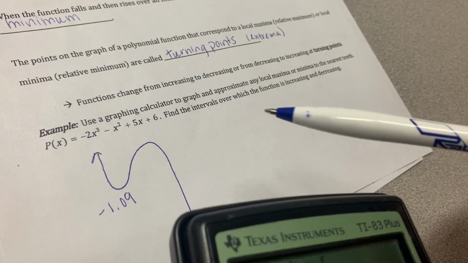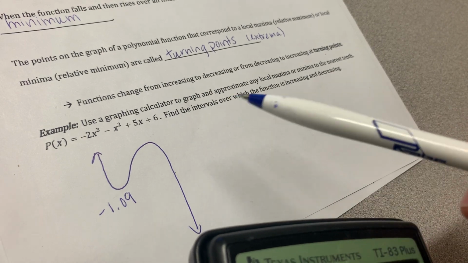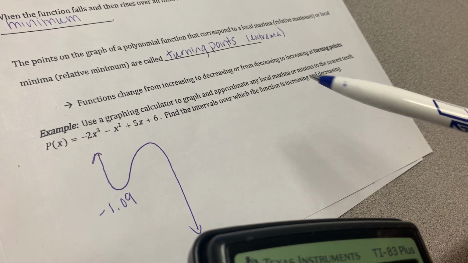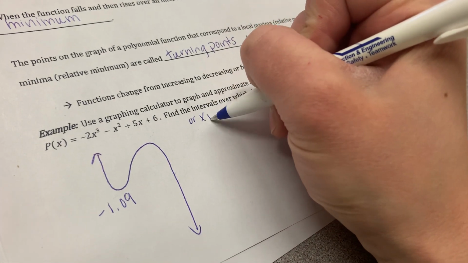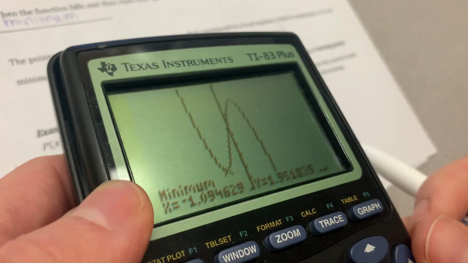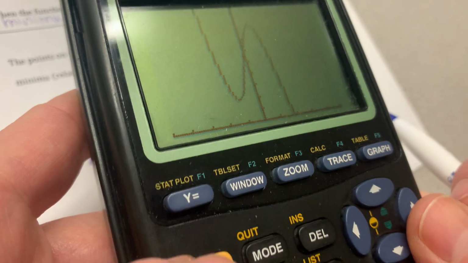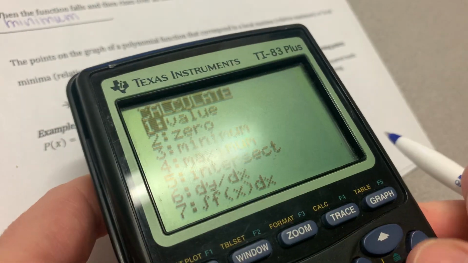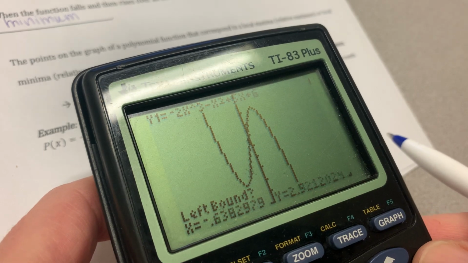Now I'm only going to write the negative 1.09 because when we find an interval, I just care about the x values. My y values are increasing or decreasing. So it's saying y values increase or decrease, what were the intervals or x values given for increasing or decreasing, okay? So now we're going to do this again, second calc, and we're going to go to maximum, and you're going to go to the left of your maximum.